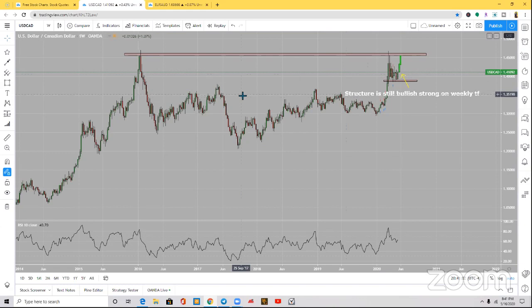And when I go down to the lower time frames, I'll show you what I mean. Every time frame has ended with a strong bullish structure, bullish outlook, bullish candles. So we should be looking for buys. We should not be looking to be selling USD CAD.